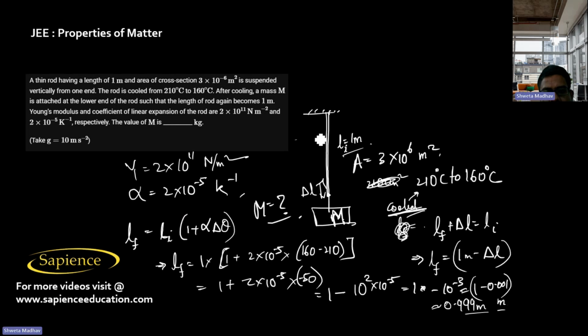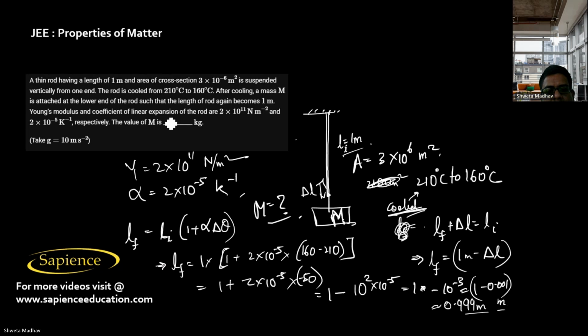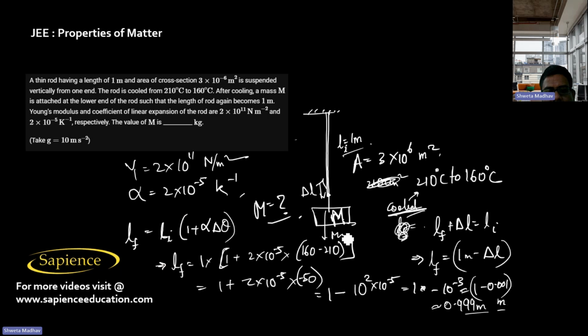Now we can say the tension force applied, force equal to YA by L into delta L. Here the force applied is equal to mg only.